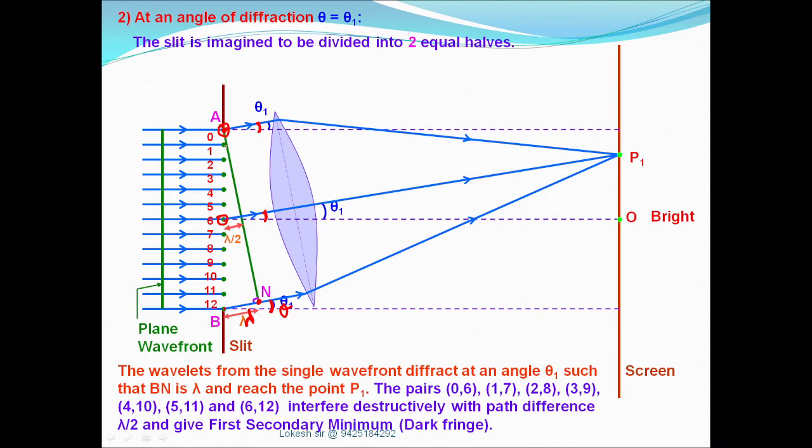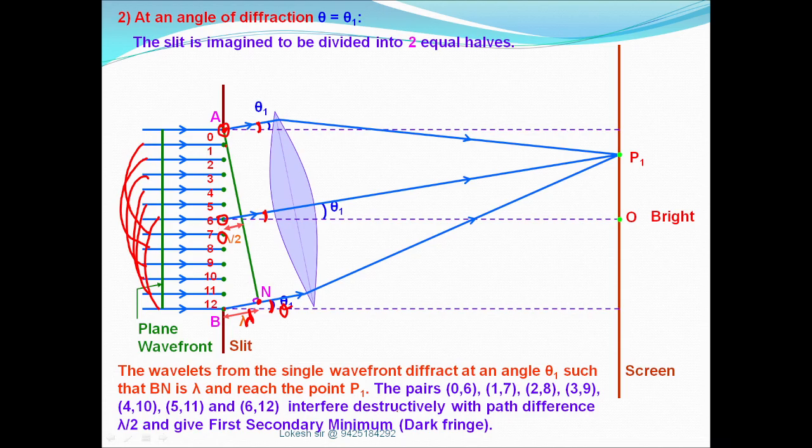Then 1 and 7 again have a path difference of lambda by 2. 2 and 8 have a path difference of lambda by 2. 3 and 9 have a path difference of lambda by 2. 4 with 10, path difference lambda by 2. Fifth with 11th, path difference lambda by 2. And sixth with 12th, path difference lambda by 2. Clear or not?